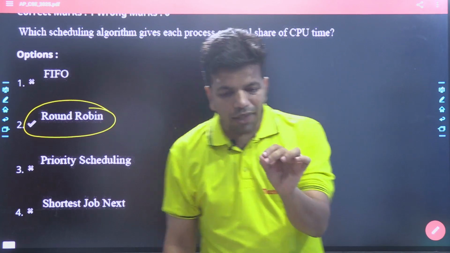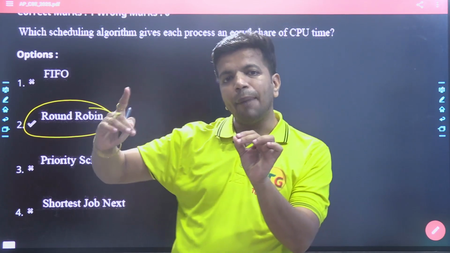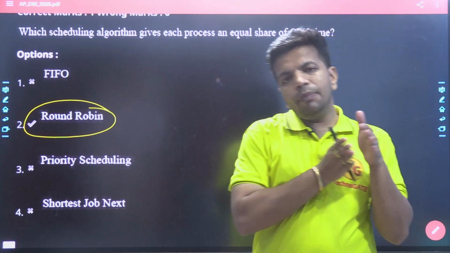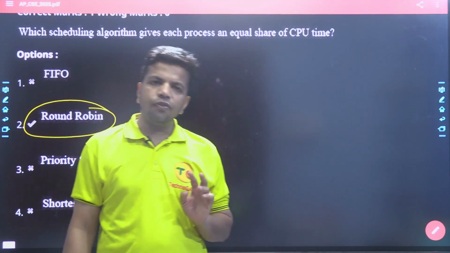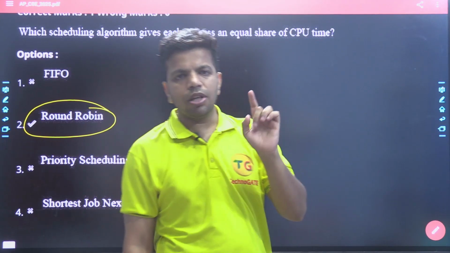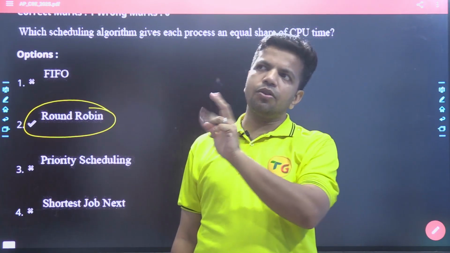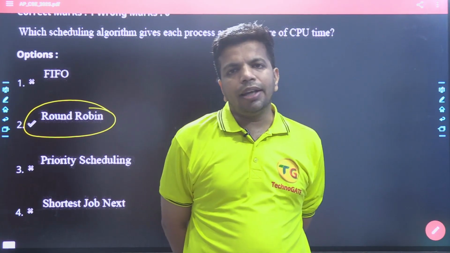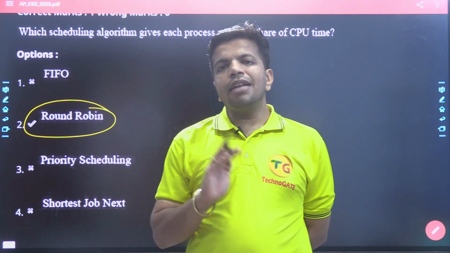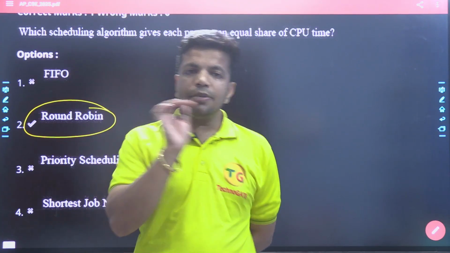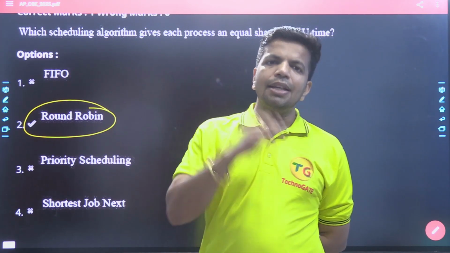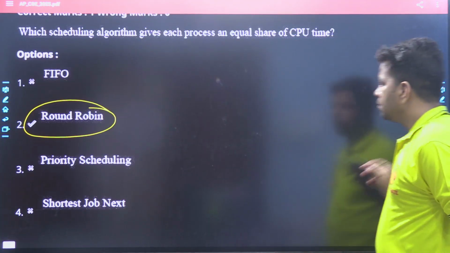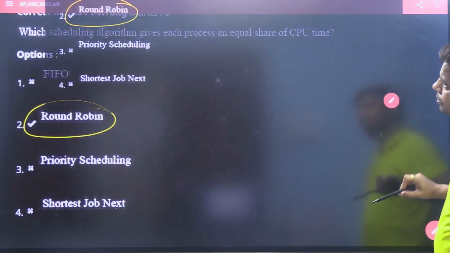Suppose one process takes 4 units of time for execution, some process takes 3 units, some process takes 5 units. If the time slice of round robin is 2, each process is going to execute 2 units and then they repeat in a cyclic manner. Second is your answer.